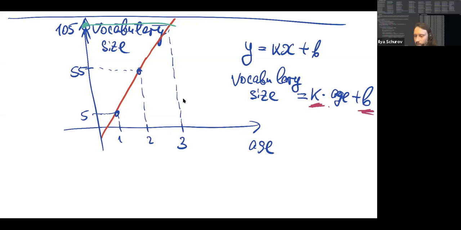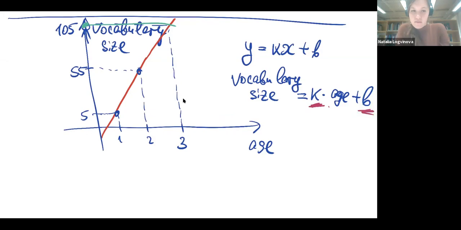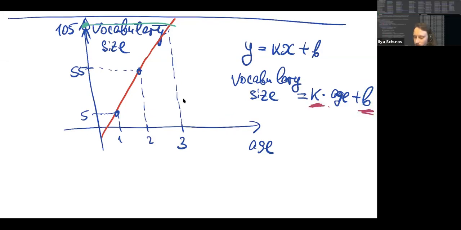Yes. K is 50, and actually k is this difference. So we have one step to the right, and we have 50 steps in the upward direction. So this is k. And we see that we have the same thing at the next step, and so on.